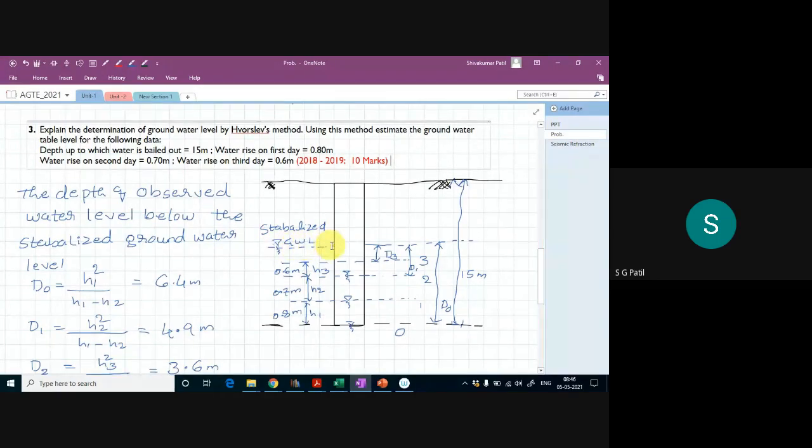Once you bailed out the entire water, the water table now came to this level. So it is at a depth of 15 meter from the ground level.